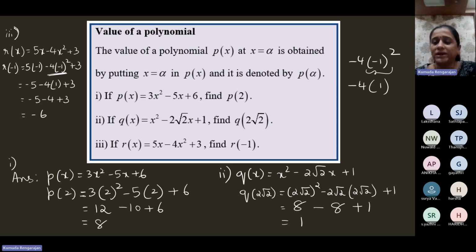And now multiply. Minus 4 into 1 is minus 4. It's not like that. You need to simplify the power first.